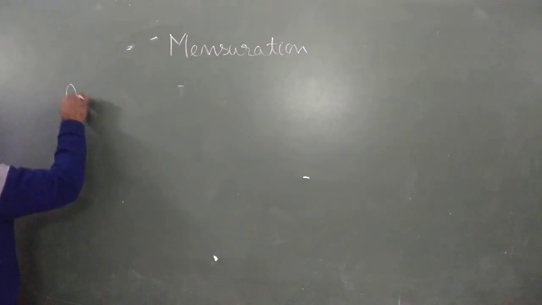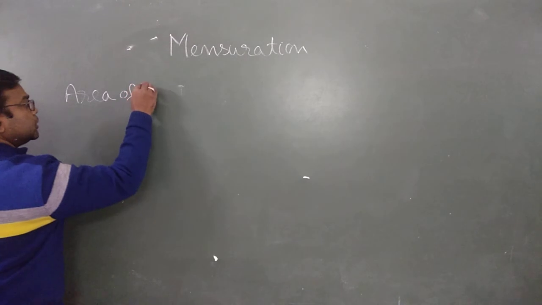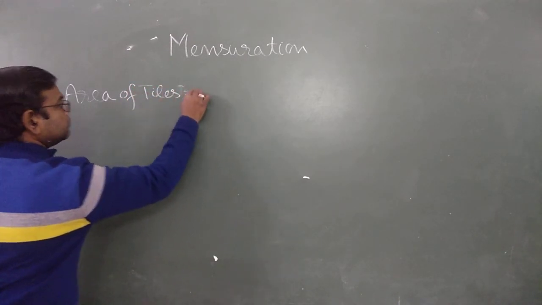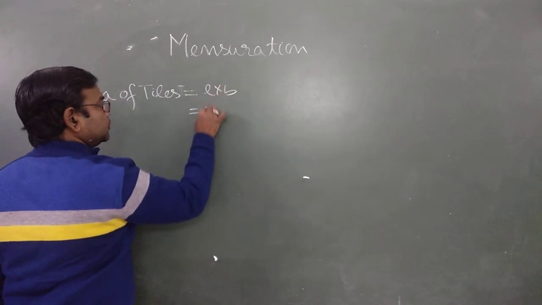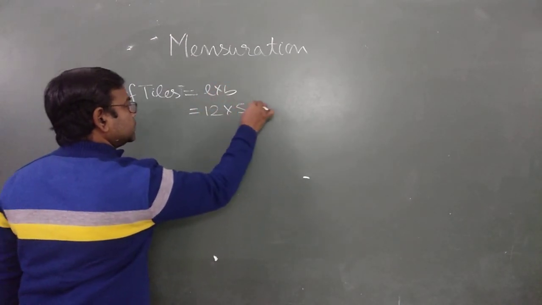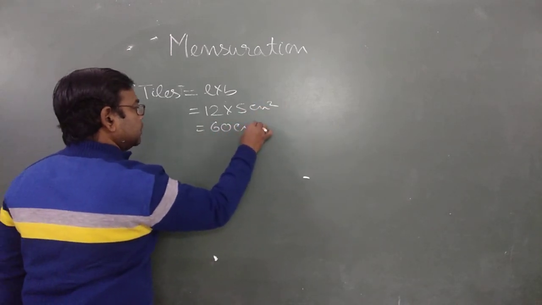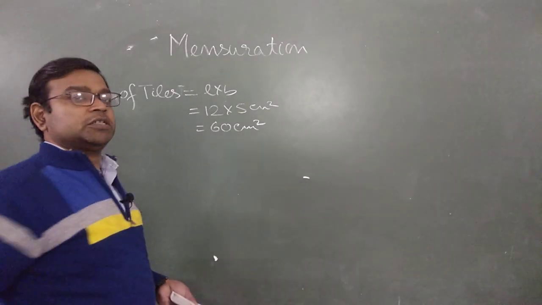So first you have to find out the area of the tile. You must remember that the unit must be the same. 12 into 5 centimeter square, it's 60 centimeter square. Clear? If we are talking about centimeters, all units must be in centimeter.